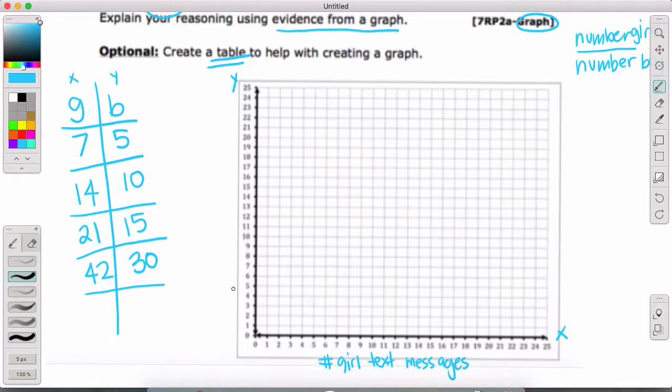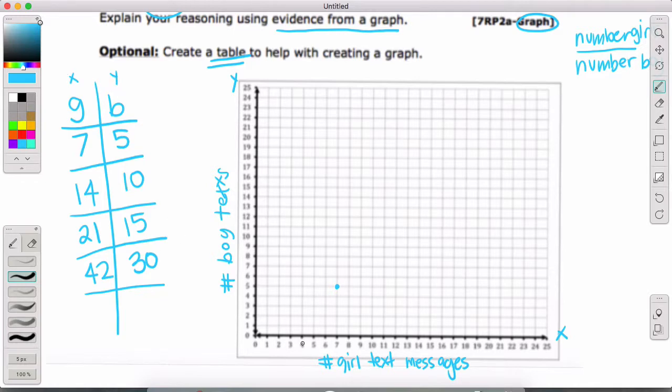And on the y-axis, I'll put number of boy text messages. So I'm going to graph 7 girl text messages and therefore 5 boy text messages. 7 girls to 1, 2, 3, 4, 5 boy text messages. 7 is the x, 5 is the y, 7 is the x here, and 5 is the y there.